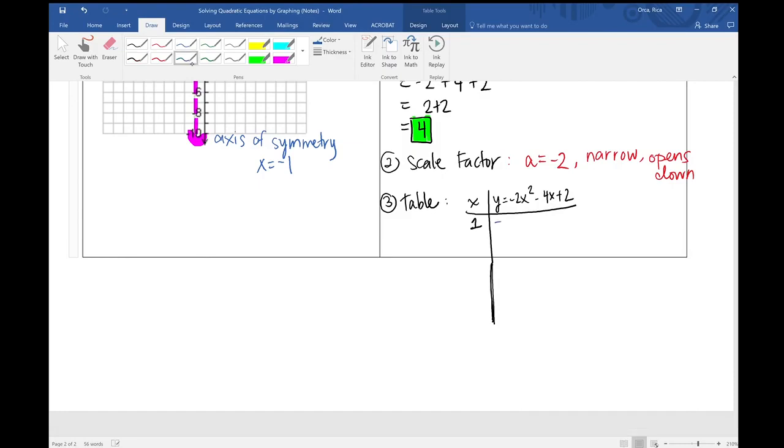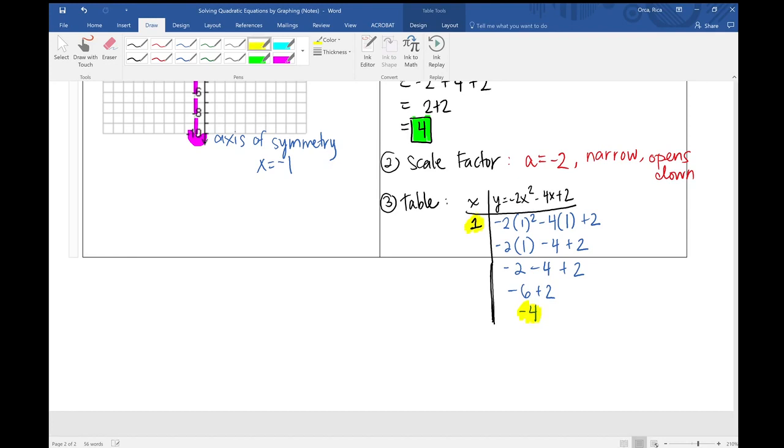So negative 2 times 1 squared minus 4 times 1 plus 2. 1 squared is 1. Negative 4 times 1 is negative 4, plus 2. Negative 2 times 1 is negative 2, minus 4 plus 2. Negative 2 minus 4 is negative 6, and negative 6 plus 2 is negative 4. So my next point is 1, comma, negative 4.